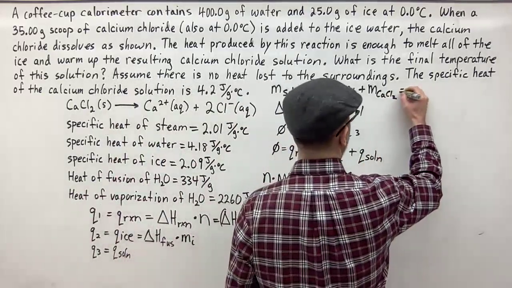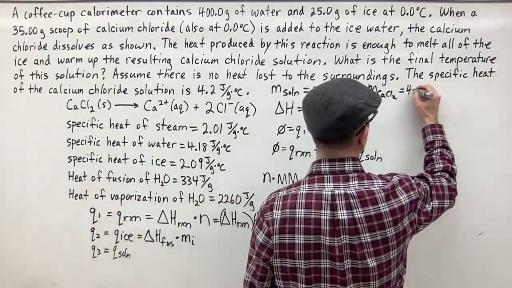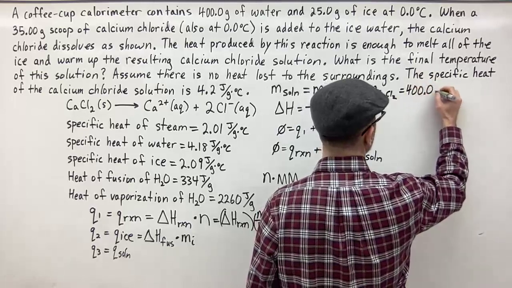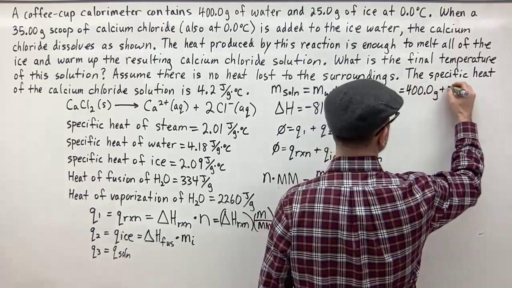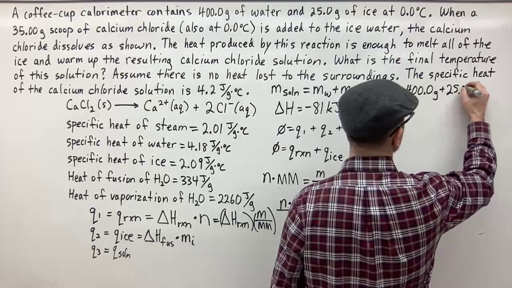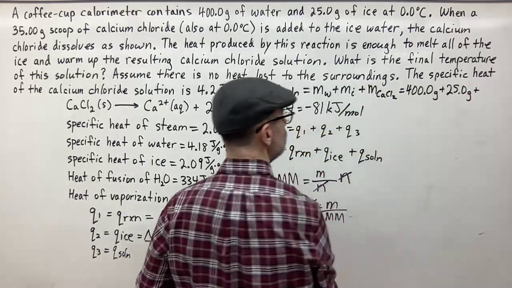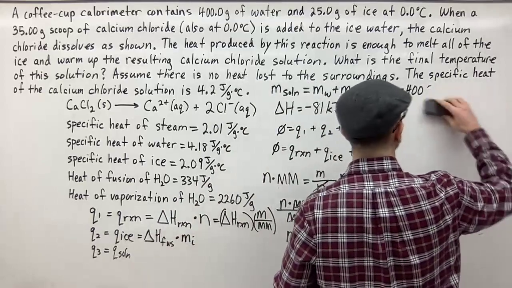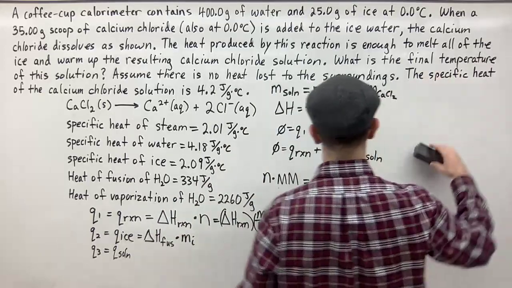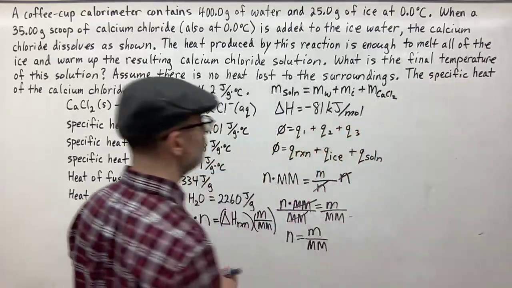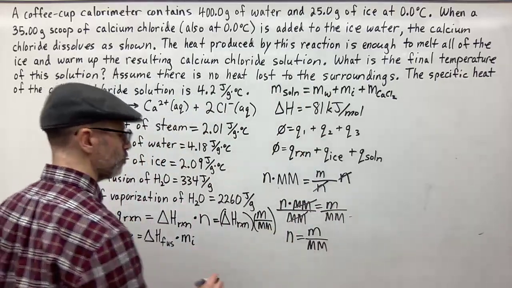So all of those added together is going to be 400 grams plus 25 grams plus 35 grams. Let me give myself some room here. So I'm going to add those down here.